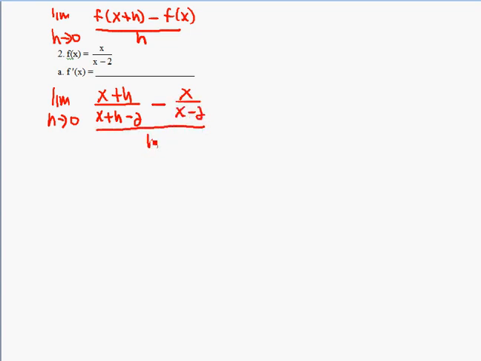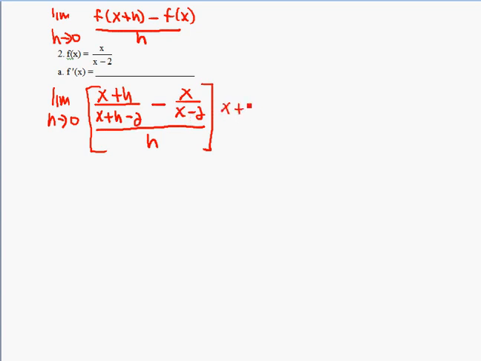The easiest way I find to do these problems is, when I have a complex fraction, I determine what the common denominator is and multiply both the numerator and denominator by the common denominator. So I'm going to multiply this whole fraction by the common denominator. Well, the common denominator is x plus h minus 2 and x minus 2.